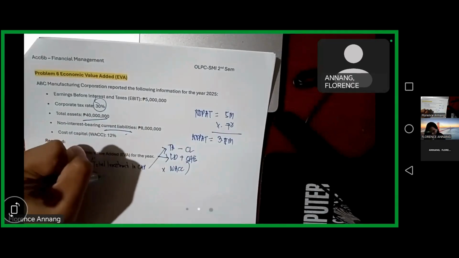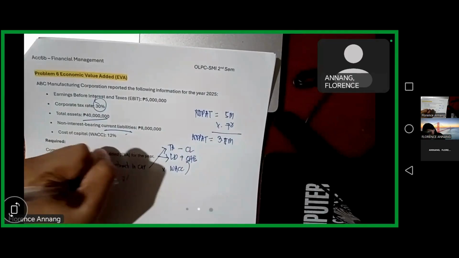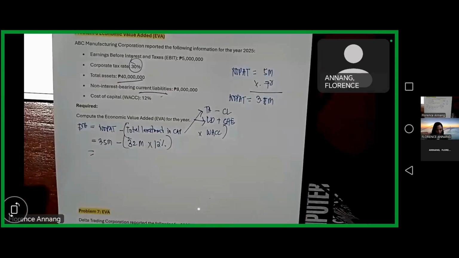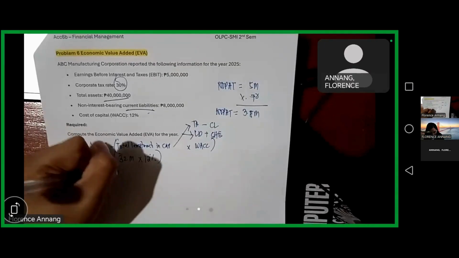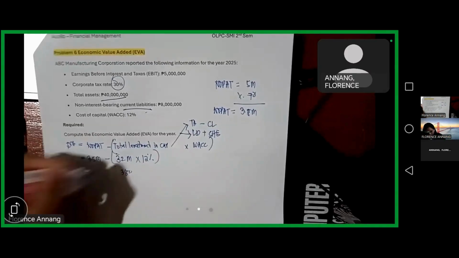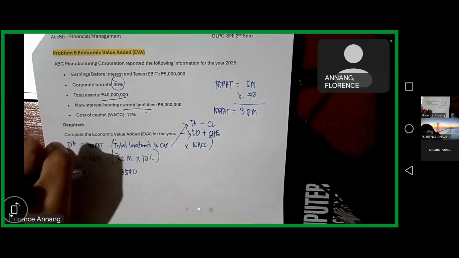40 less 8, 32 million times magkano yung ating WACC? 12%. So, how much is this? Your EVA is 32 million times 0.12, we have 3,840,000.